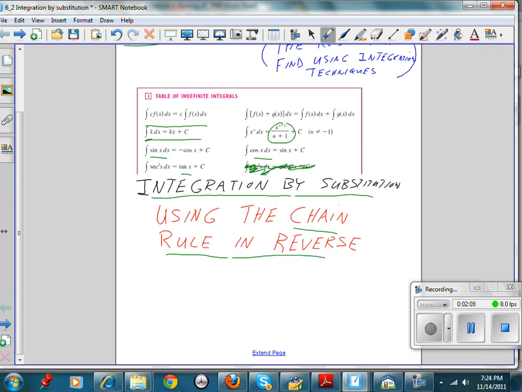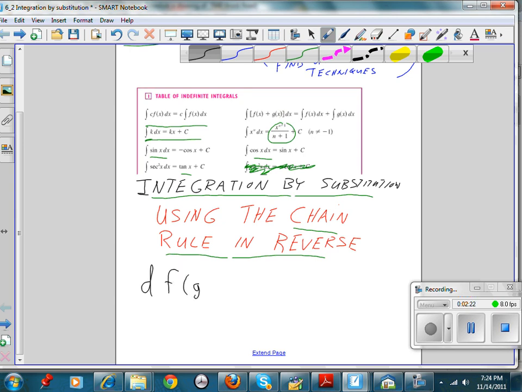Remember, the chain rule was the following: if I took the derivative of f of g of x dx, that would be what? Well, that would be f prime.